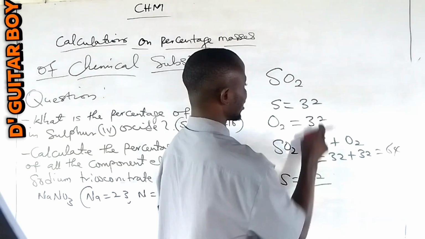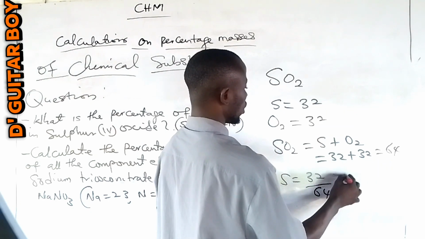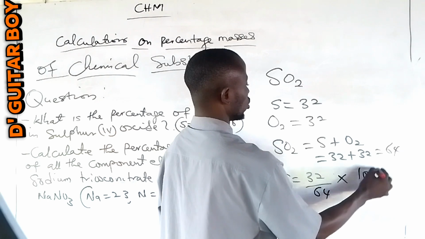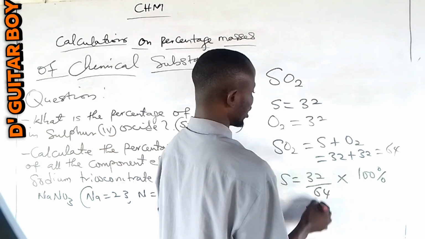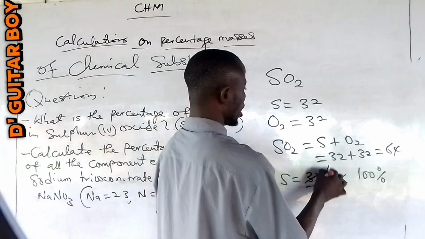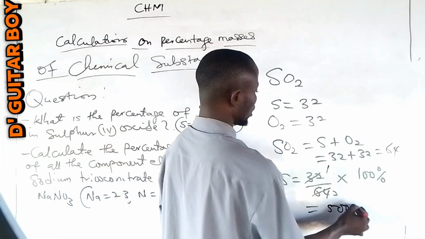That's 32 over 64 times 100, because you are calculating percentage. 32 over 64 is half, times 100, which is 50%.